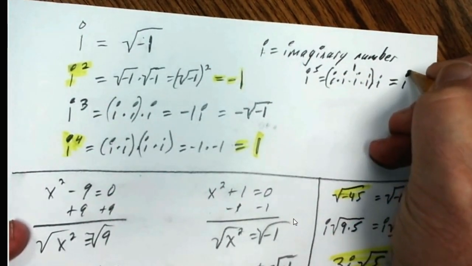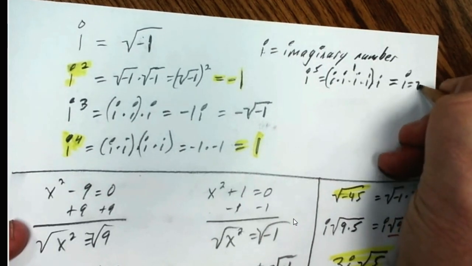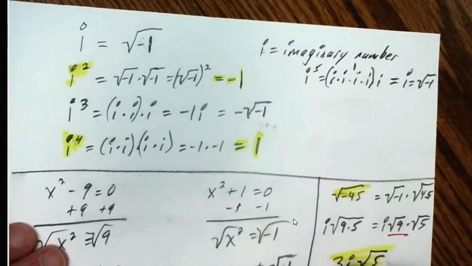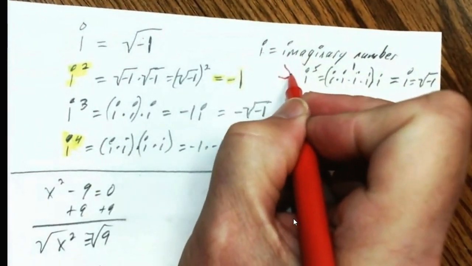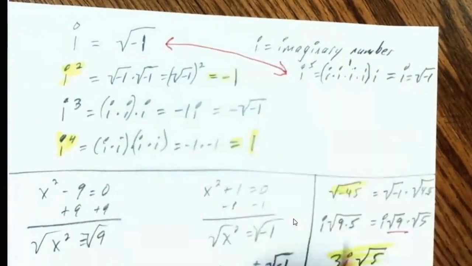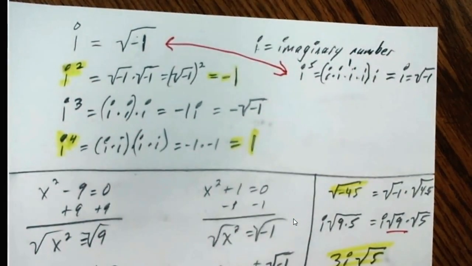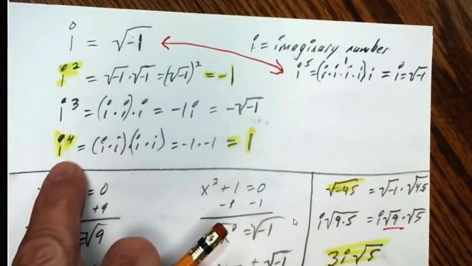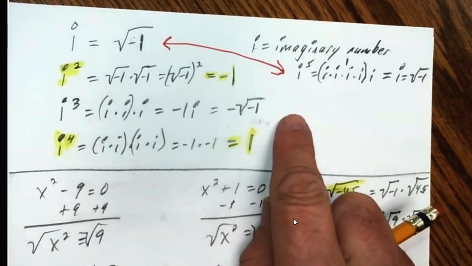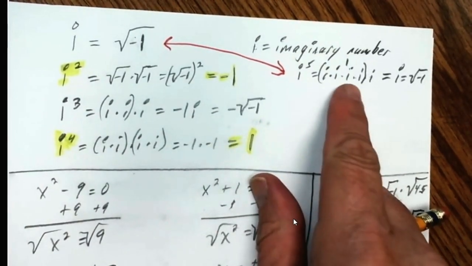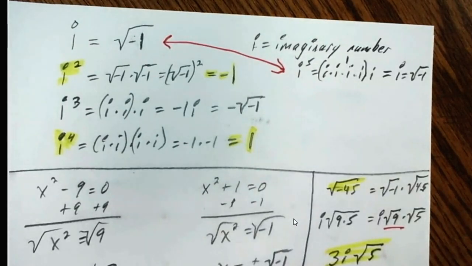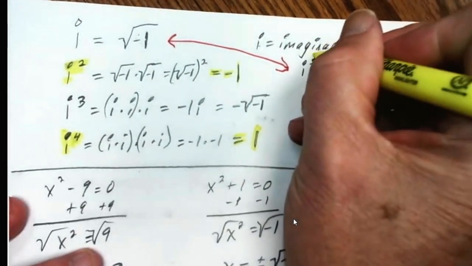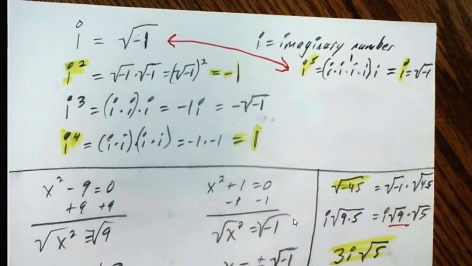So it's just i, which is just the square root of negative 1. That's the same as just i to the first. So anytime you get bigger than 4, you're going to be able to pull 4 of those out and make it a 1. So i to the fifth is the same thing as i.